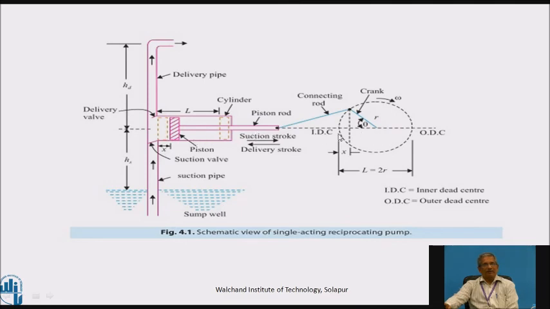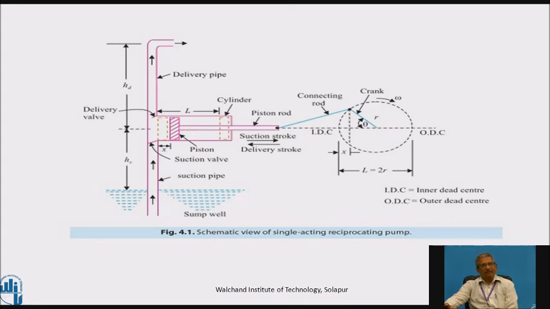Only during ODC to IDC, or 180 to 360 degrees, the second half of the revolution of the crank, will water be discharged, when there is a compression stroke. Whereas during the first half, when the piston travels from left to right, there will never be water discharge, and that itself will reduce the efficiency of the single acting reciprocating pump to 50%.